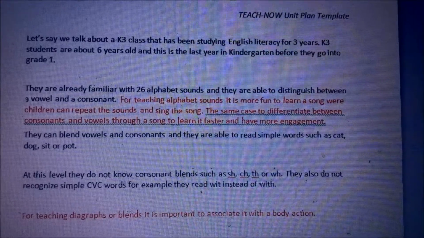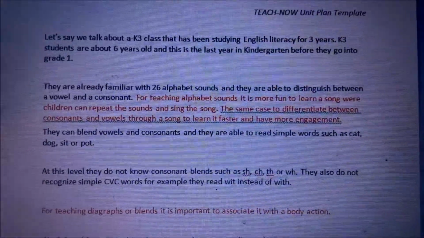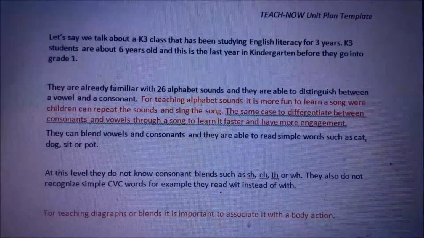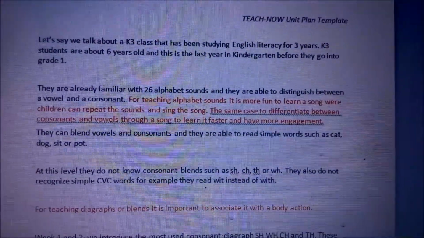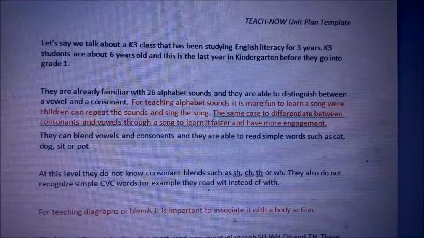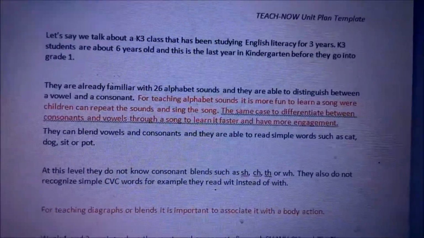I think that's it. Here, as I said, what I would do as an insight, I learned that it's easier and more fun to teach the kids the alphabet using an alphabet sound song.